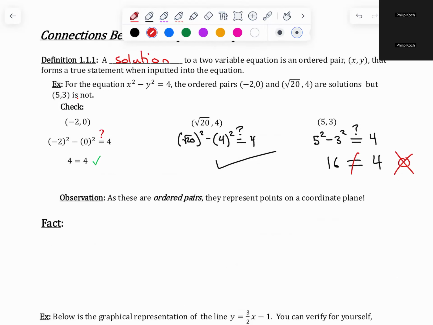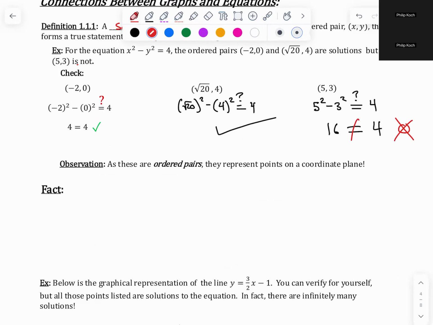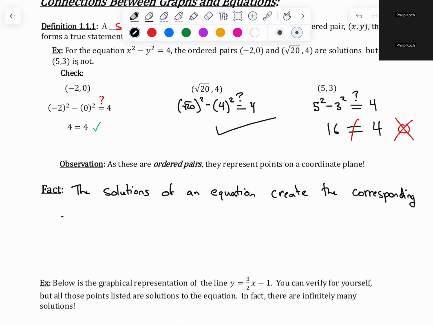So in fact, the solutions of an equation create the corresponding graph. The solutions to an equation create the graph. And actually, technically speaking, vice versa, though going backwards is a lot harder.